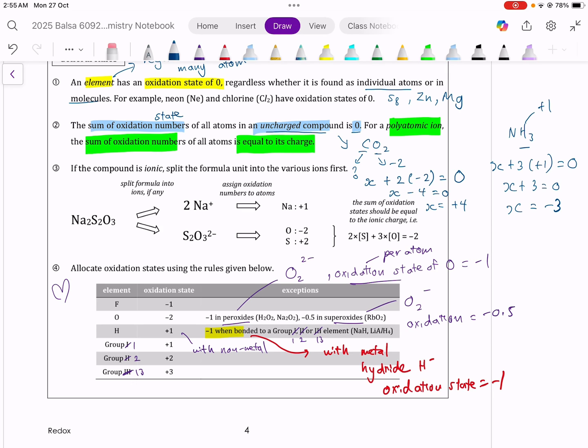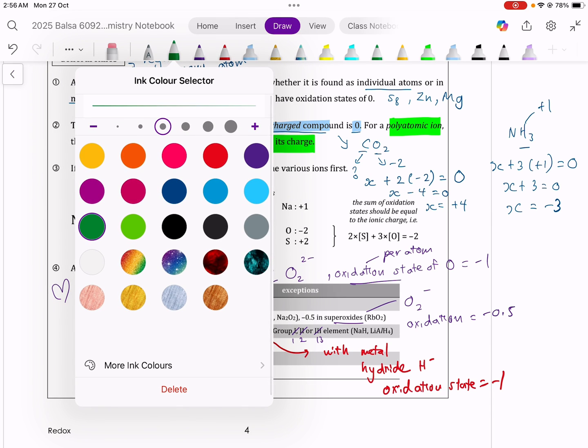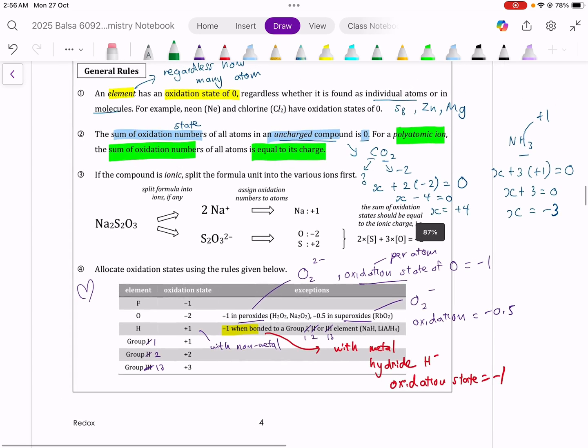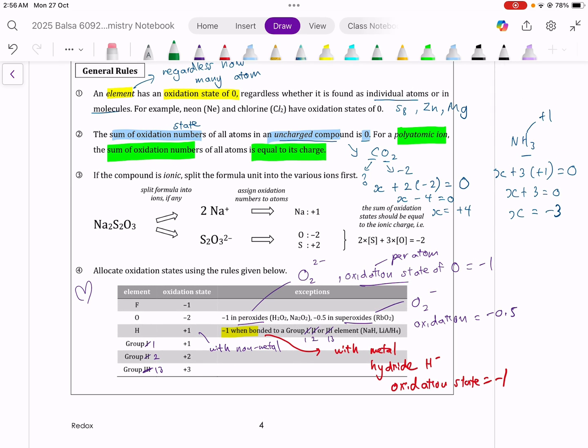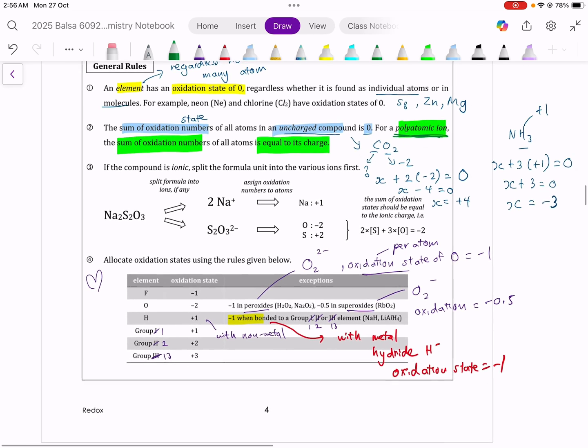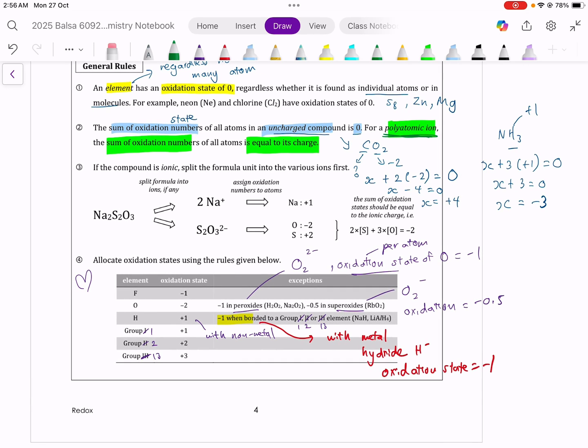Then now we look at the green one. Maybe I can change to a different color pen. That's the green pen now. This one is the oxidation state of all the atoms in a polyatomic ion. Take for example sulfate, SO4 2-. Let's say you want the oxidation state of S, you don't know.